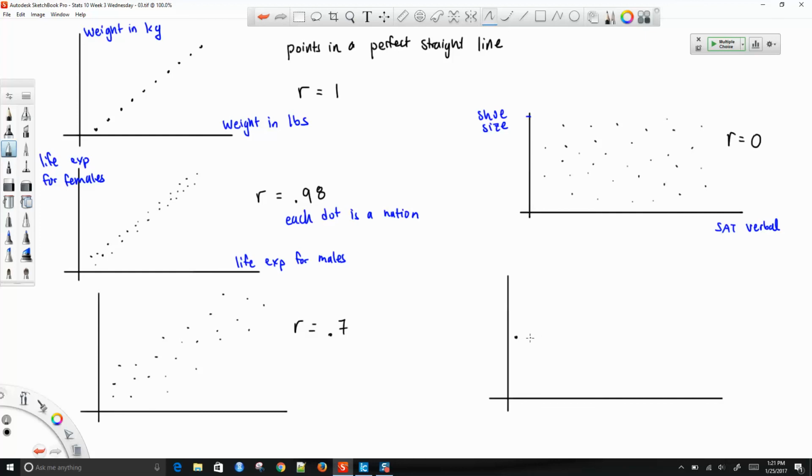What is the R for this relationship? It's supposed to be a perfectly flat line. So, a perfectly flat line.